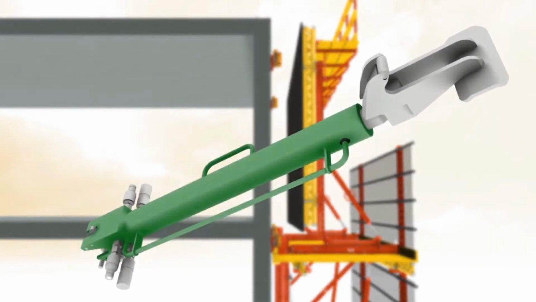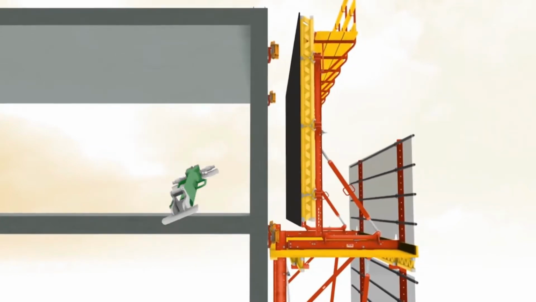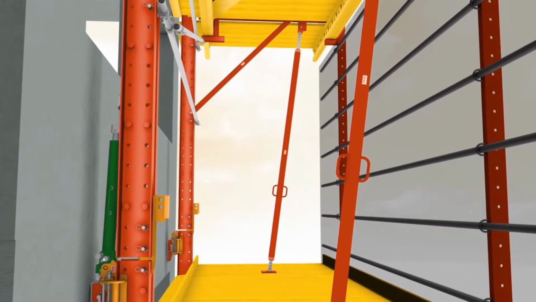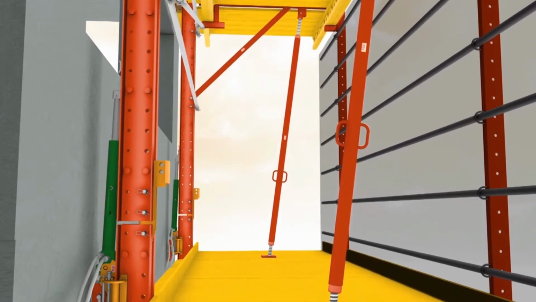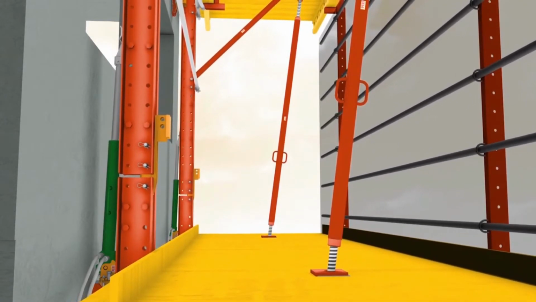Let's figure out the construction process of the RCS form. The key point of the RCS form is the climbing rail. The climbing rail is attached to the form and helps the RCS form climb up to the next floor. The rails adjust the length of the struts themselves so that the form can rise one floor up.